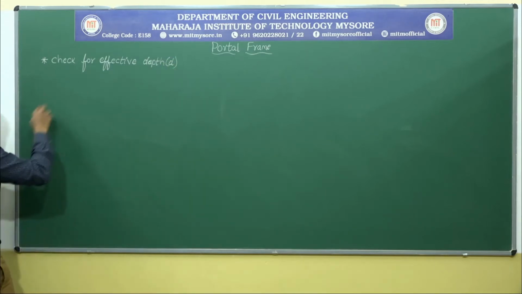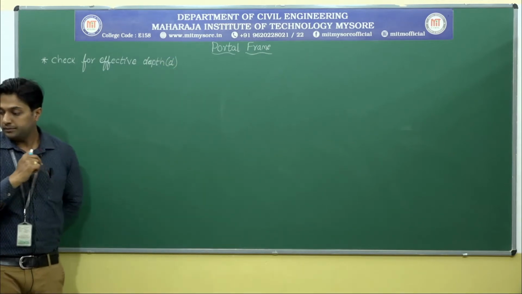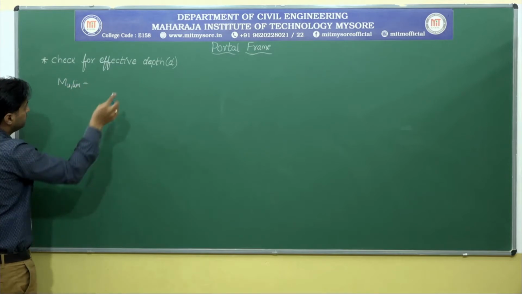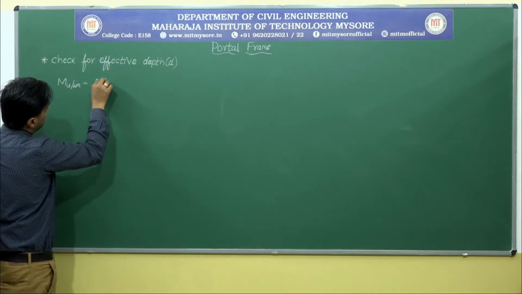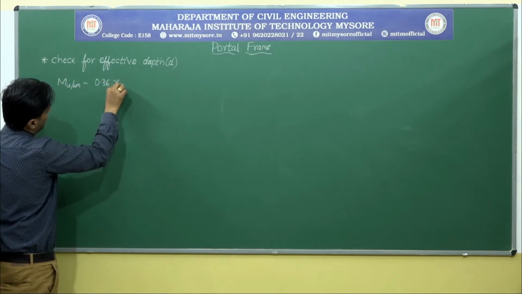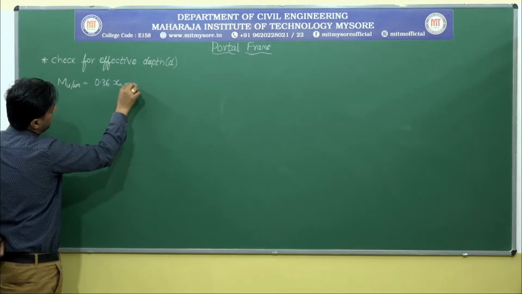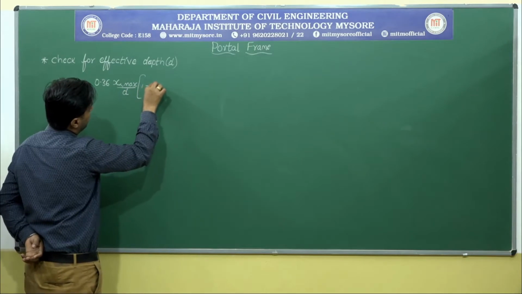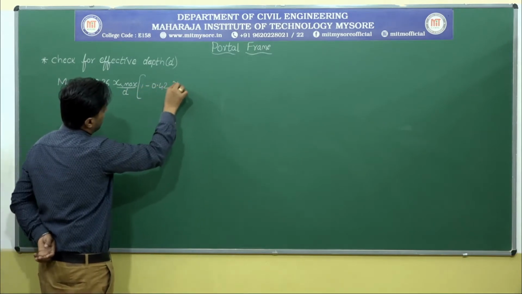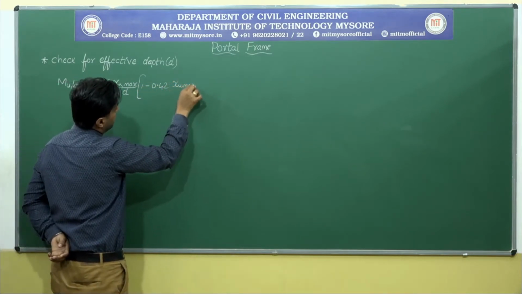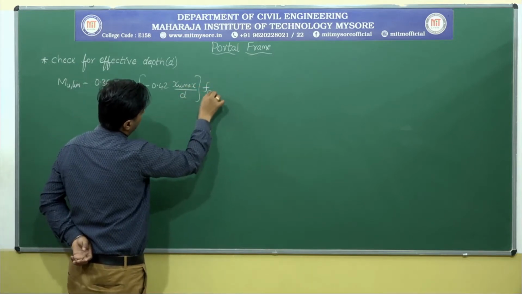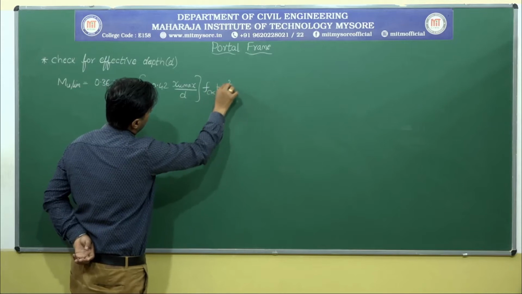Okay. So we know the value Mu limit is equal to 0.36 xu max by d into 1 minus 0.42 xu max by d into fck bd square.